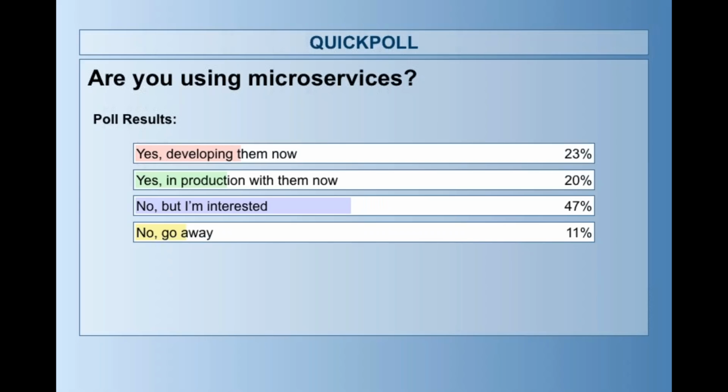So yes, about half said no, but interested, and one fifth are in production, and one quarter is actually developing them right now. So it's actually more pro microservices than I assumed. I was going to say I'm a little surprised by the people who already have it in production. Yes, same here.